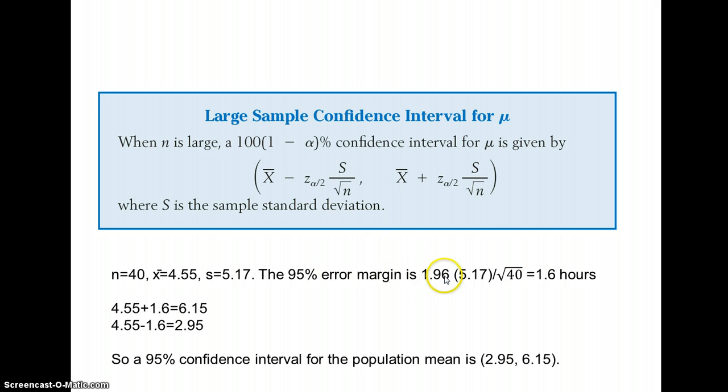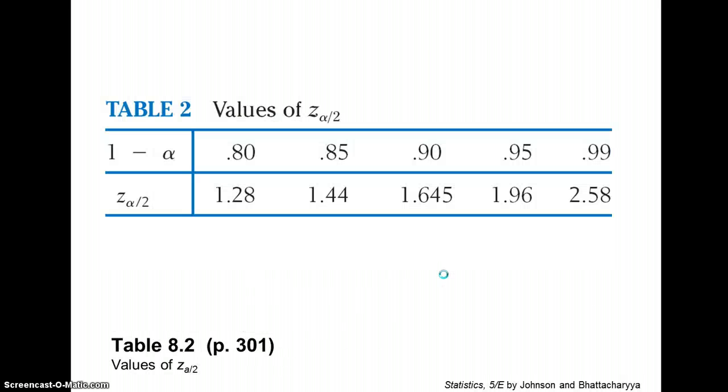For 95%, it's from the table here, because the table given in the class or in the book didn't have 98%. So if you want, you can write it down: 98% is 2.33.